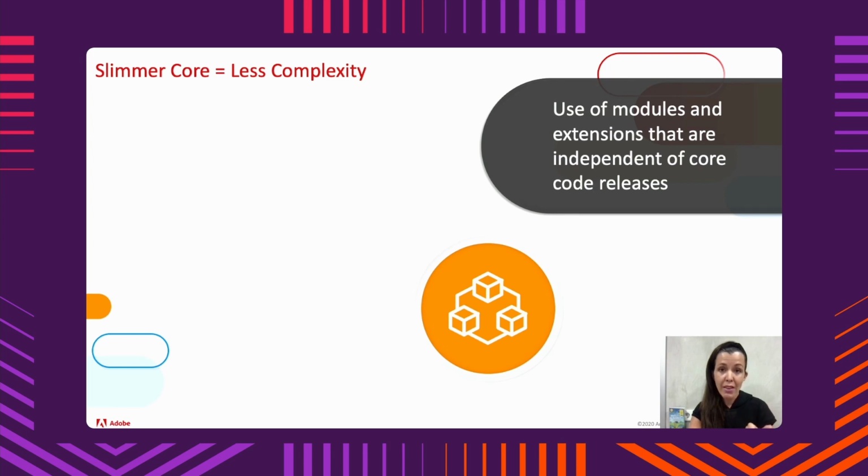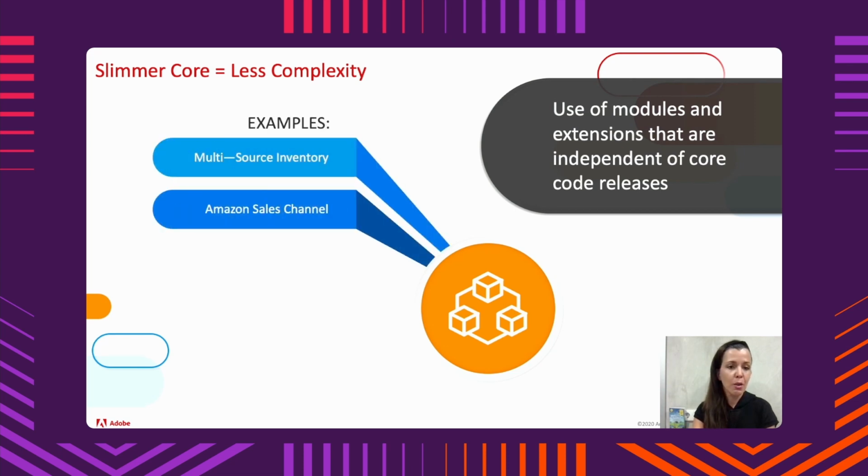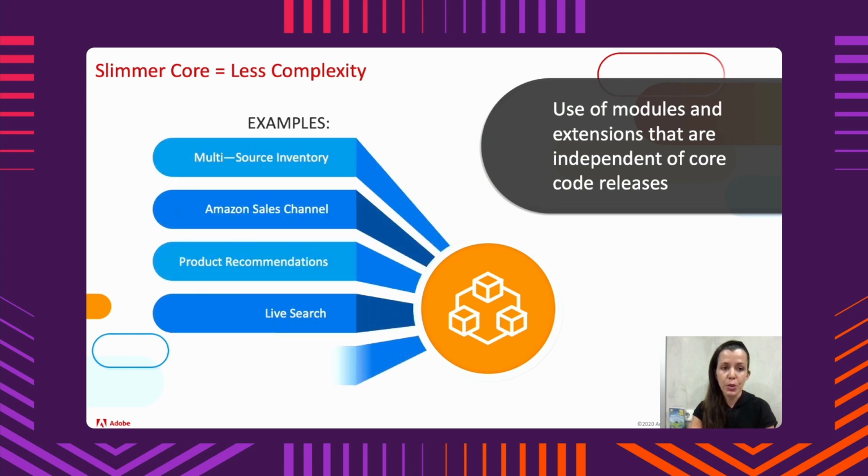First, we're able to release new features outside of the core, outside of the quarterly release, following an independent calendar. And second, as we build new features outside of the core, or we remove existing features from the core, we are making the core slimmer, which will make the upgrade much easier. Here are some examples of the features that we've released following this approach.